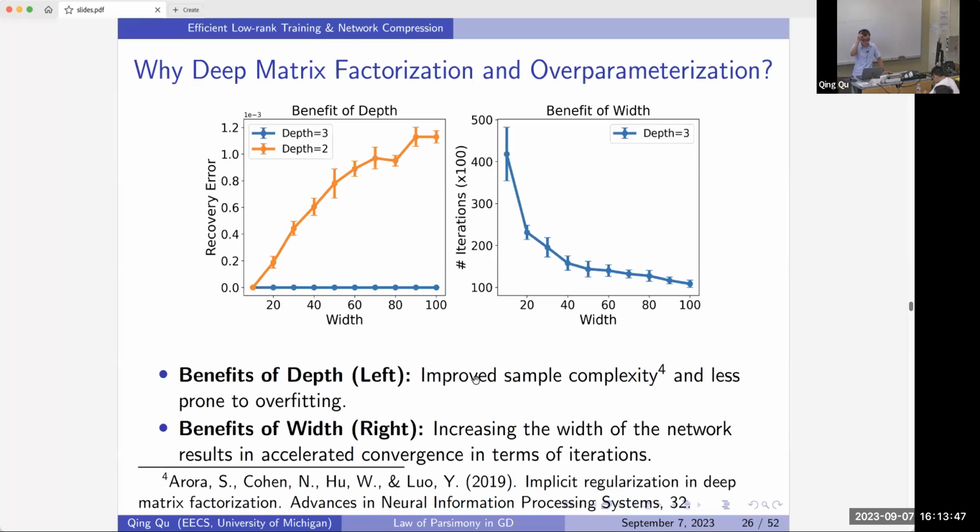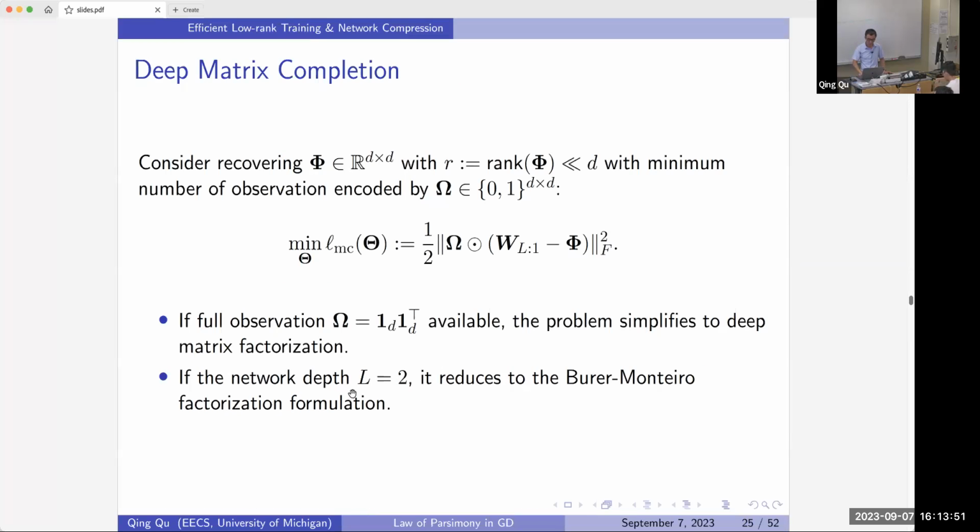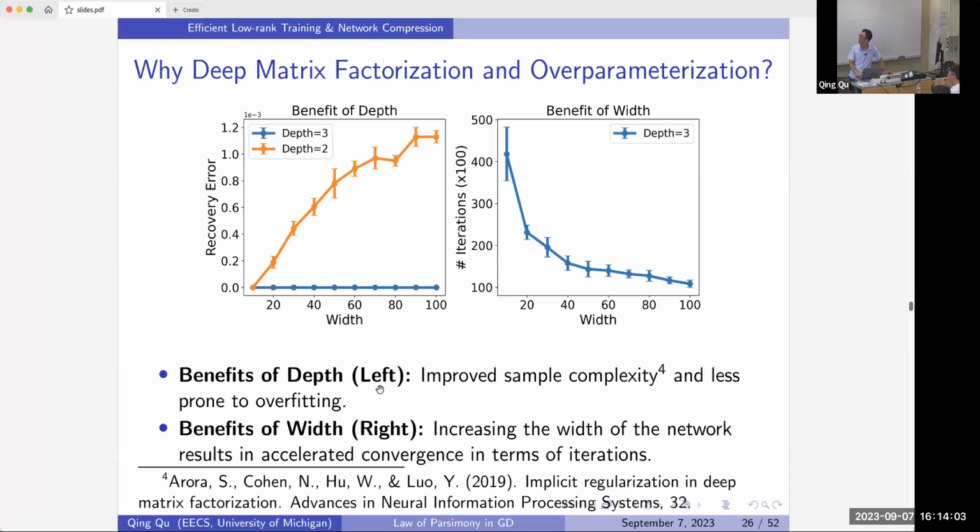And recently there's some work showing that if you increase the depth of the network, say you increase L to 3, deep matrix factorization actually has some benefits over the Burer-Monteiro type approach, especially in the over-parameterized regime. We can show that both increasing depth and width have some benefits.